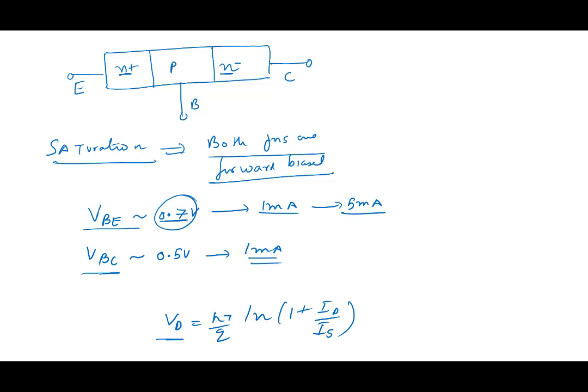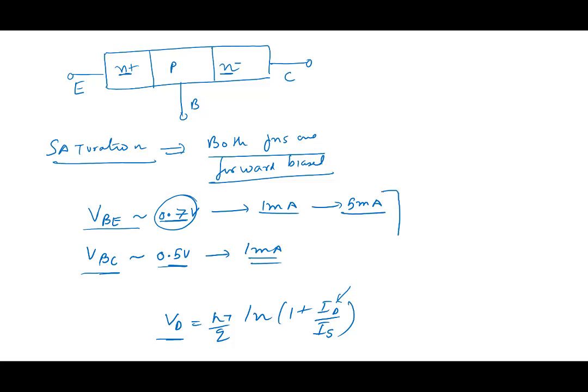So the diode voltage doesn't change much if you change ID. So if I have a transistor carrying 1 milliampere current, maybe 0.7. If 5 milliampere current, a little bit larger than 0.7. Similarly, this voltage also doesn't change much because they're forward bias. So forward bias diode voltages do not change.